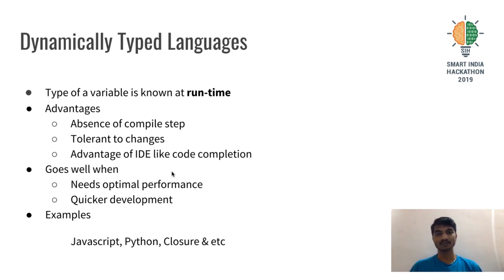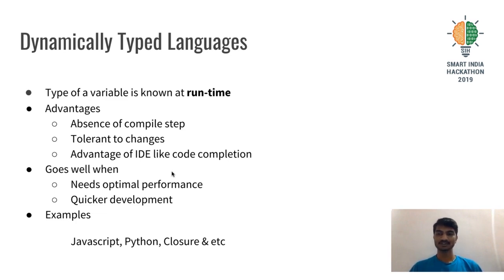If I just want my application to be created very quickly, then it's better to consider dynamically typed languages, because the development turnaround time is much lesser than when comparing with statically typed languages. A few examples of dynamically typed languages are JavaScript, Python, Clojure, and so on.